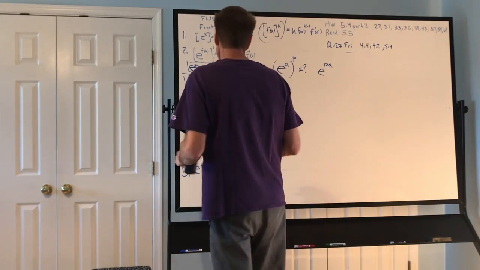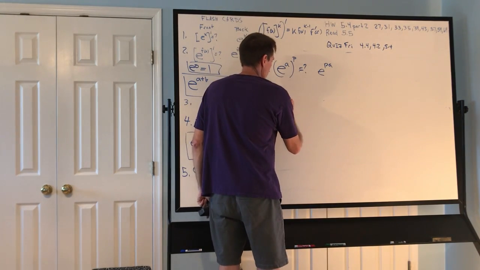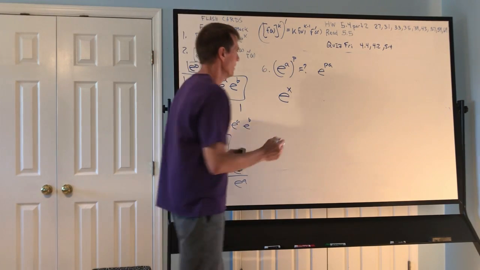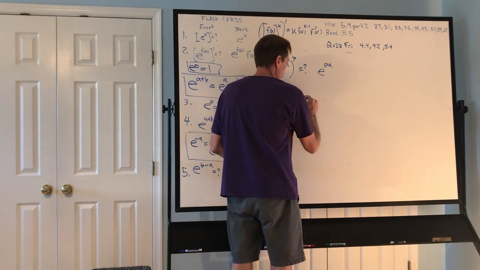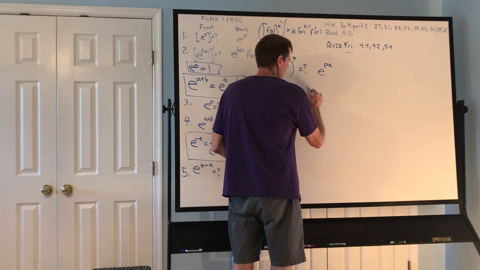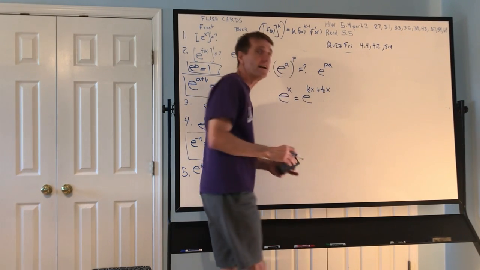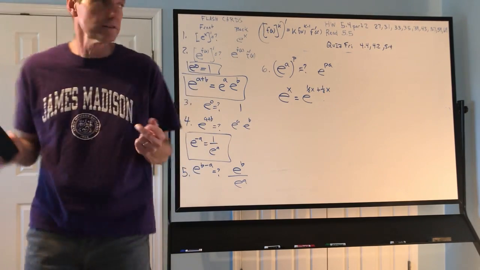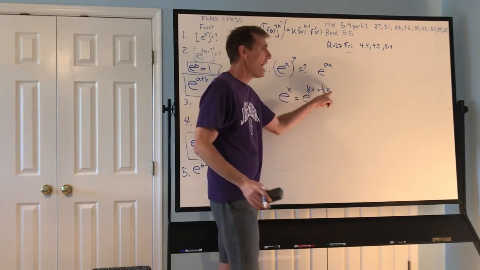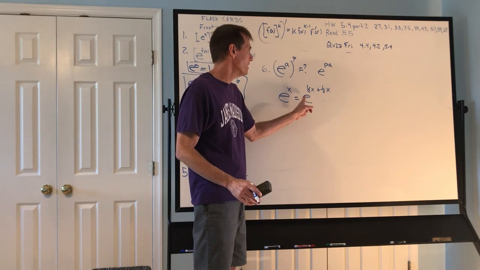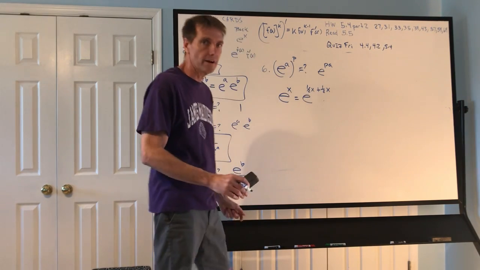I want to look at e to the x. Like, okay, Dr. Martin, who cares? Well, this is equal to e to the 1/2 x plus a half an x, because a half an apple plus a half apple is a whole apple, right? So e to the x is equal to e to the 1/2 x plus e to the 1/2 x.